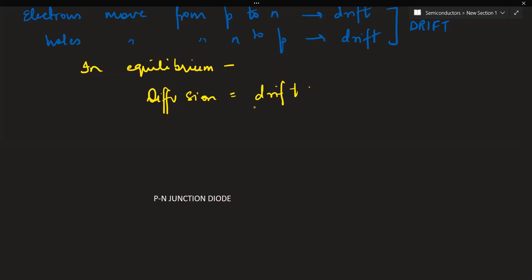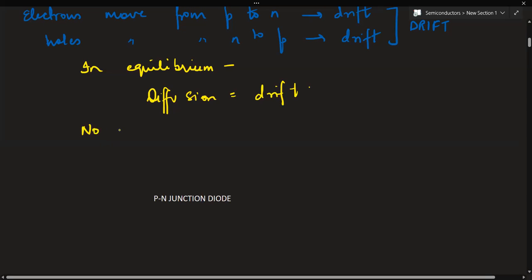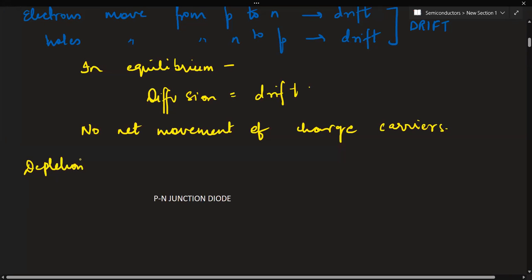Equilibrium means no net movement of charge carriers. And also regarding the depletion region, it does not have any charge carrier, meaning the depletion region will have neither electrons nor holes.